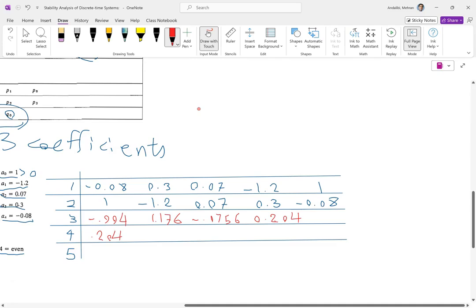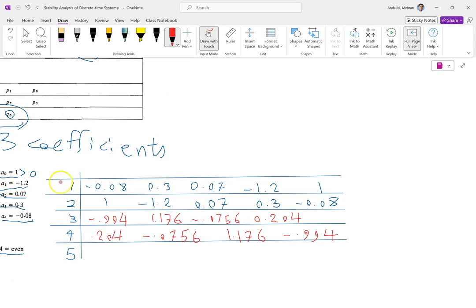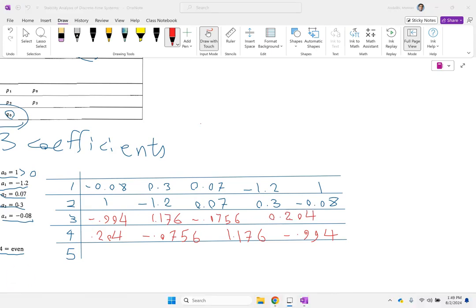And then this is going to be negative 0.756, and then it's going to be 1.176, and here is going to be negative 0.994, like that. So B rows are found and they are displayed. Now we can go to the C's. Now for C's, we do the same thing.